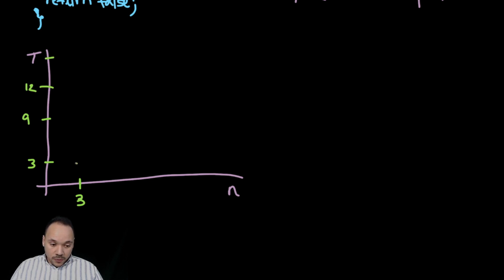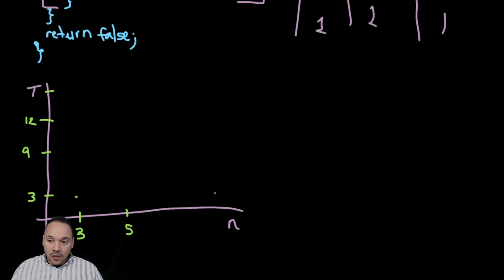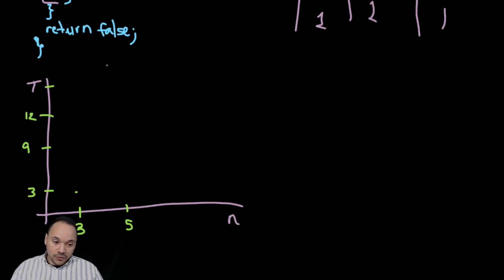So when we have 3, we have 9. When we had 5, we turn out to be 25, all right? And then when it was 10, it was going to be like 100.